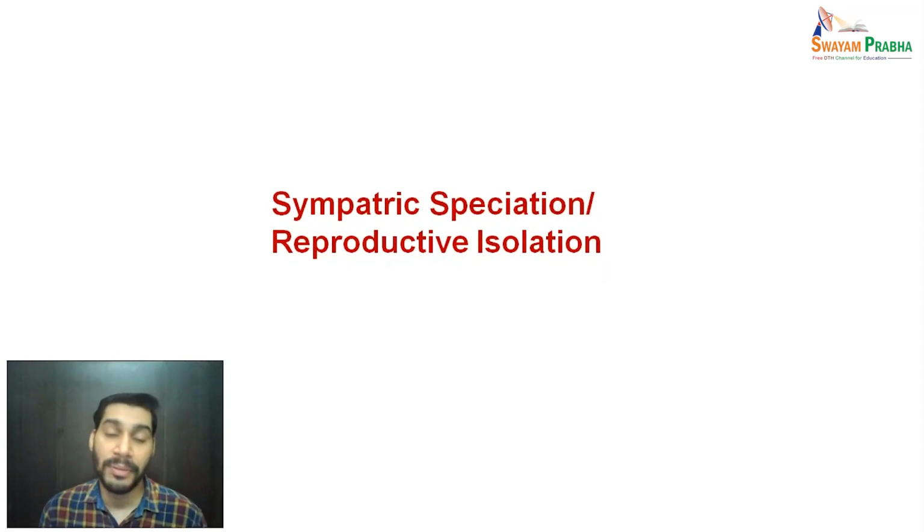Now let us move ahead towards sympatric speciation, which takes place because of reproductive isolation, unlike allopatric speciation, which is because of geographical barriers, after which they face the reproductive barriers.